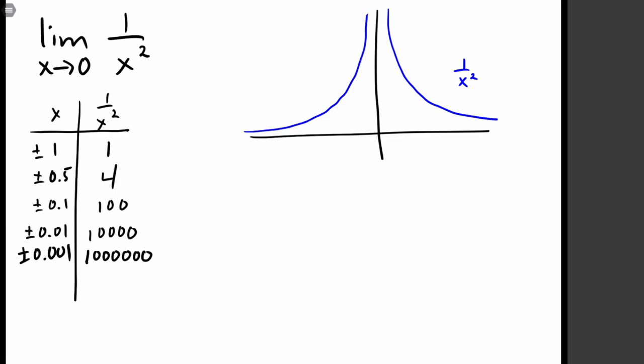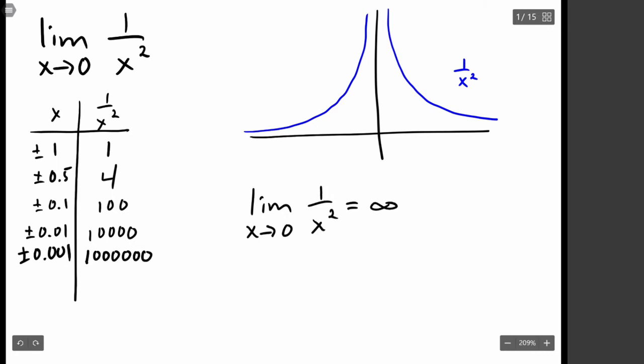That's 1 million. So does your intuition seem right on what this function might be doing as we get closer to the origin, or as our limit goes to 0? Hopefully it seems reasonable to write this statement: this limit is going to infinity.